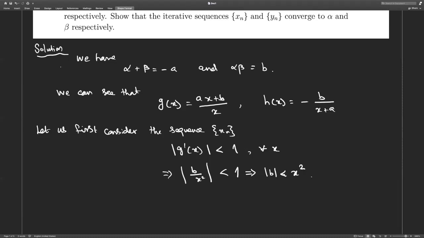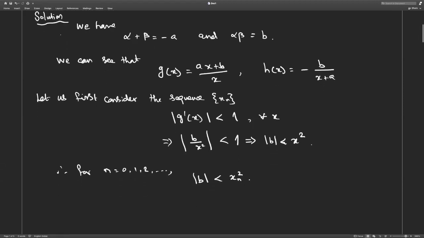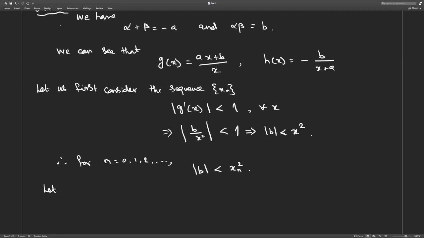And this should hold for all n also. Therefore, for n equal to 0, 1, 2, and so on, we should have mod b less than xn square, right? Now, given that xn converges, let us assume that xn converges to x star. Since g is continuous, we will have x star is equal to g of x star.